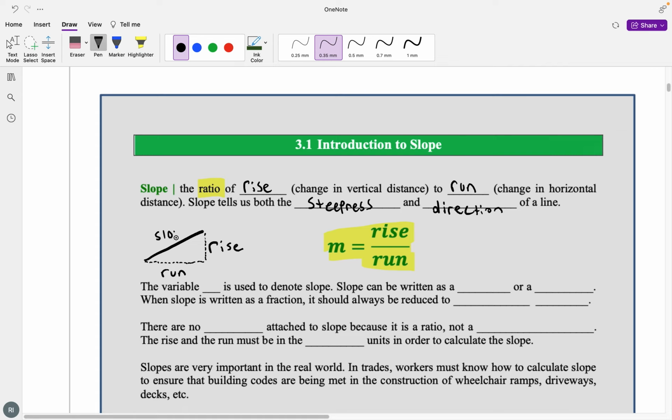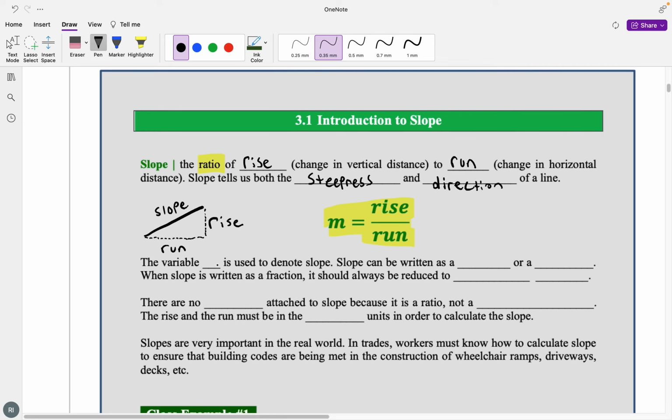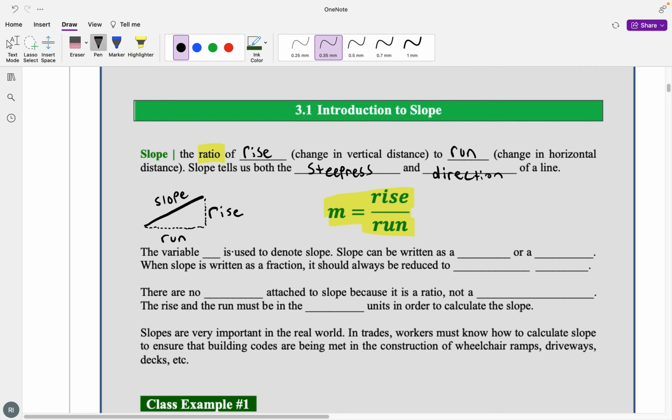And the slope here is what we would call the hypotenuse. The variable m is used to denote slope.